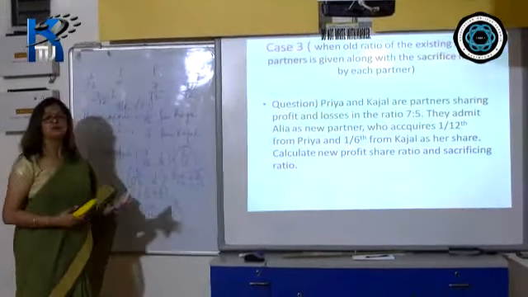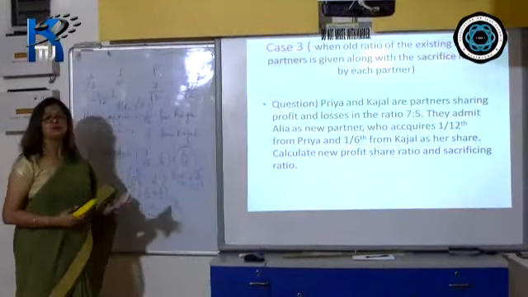And the new partner has to bring in his share of goodwill and give it to the old partners, because anyway he'll be taking the benefit of the goodwill of the firm and he'll be sharing profits. So it is his duty to give his share of goodwill to the old partners, and that goodwill will be shared amongst the old partners in their sacrificing ratio.